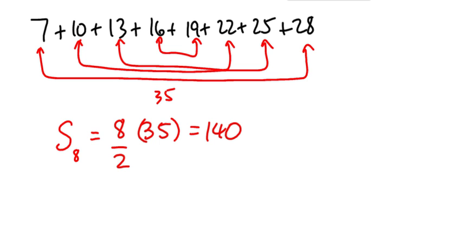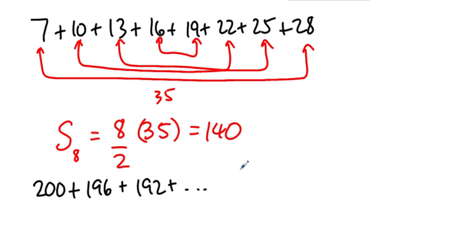If we were to add 200 plus 196 plus 192 plus and so on until there were 80 terms, how would we do that?